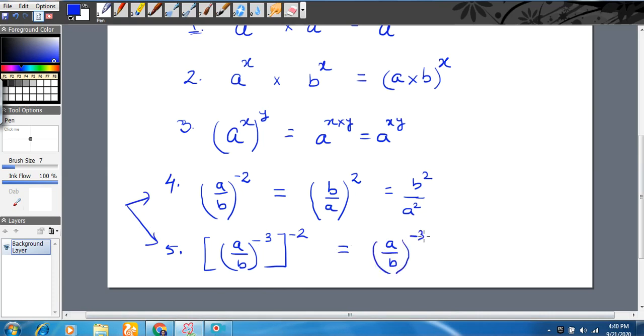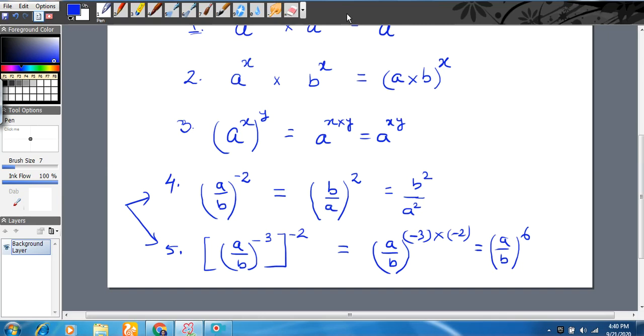So that is minus 3 into minus 2, that will be a upon b whole power 6. Here do not write the reciprocal of a upon b because there is an exponent and again an exponent. So first of all simplify these, but suppose in the final step you get a negative exponent, then you can find the reciprocal. So I hope you understood all the concepts of this exercise.